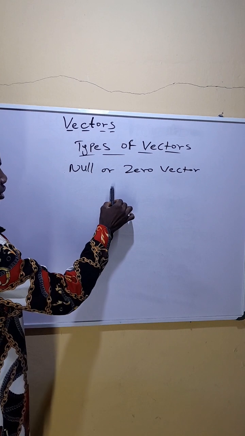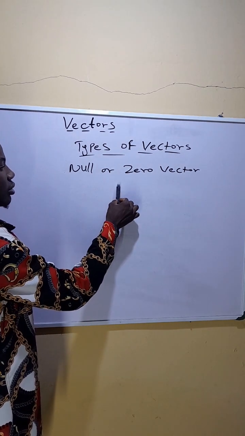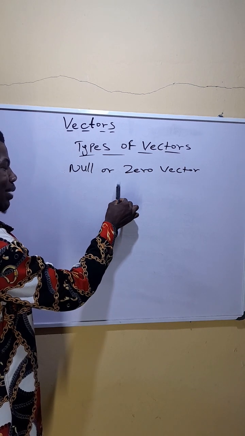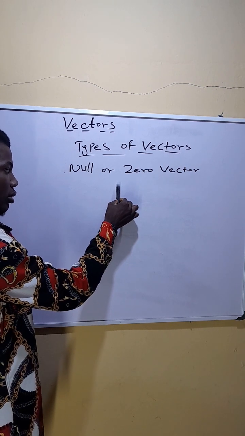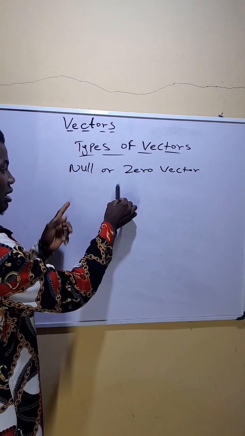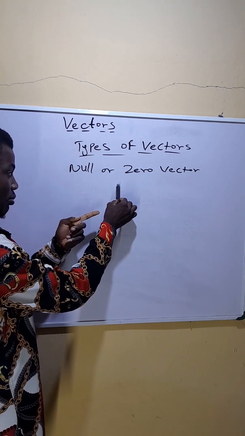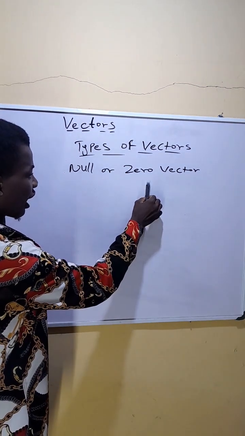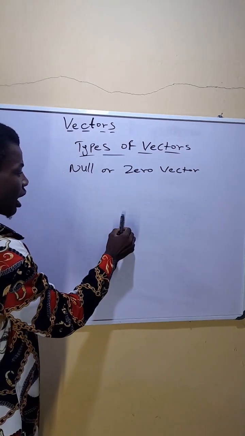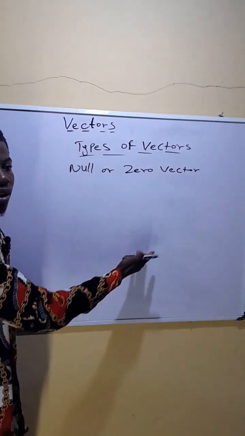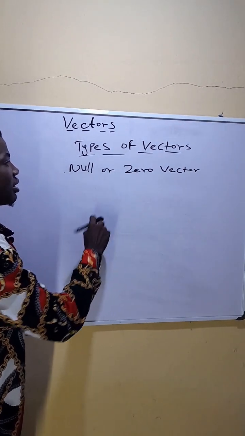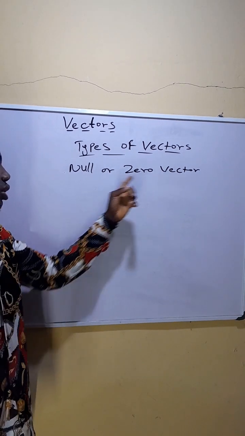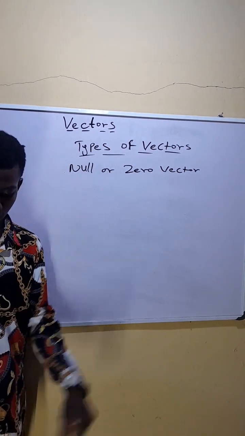If I place this marker on this board like this, it means that this marker is a zero vector for now. It has no particular direction because I can move it to any place that I want. Standing in one place, it is a zero vector, until I shift it right or left or up or down, and it now forms a vector. You can call it a zero vector or a null vector.